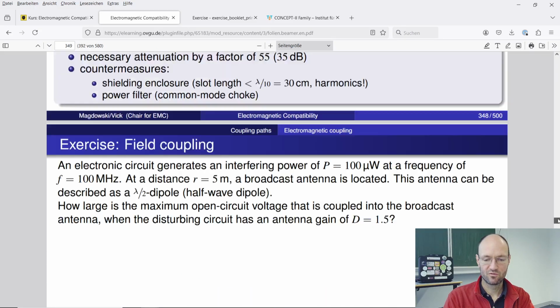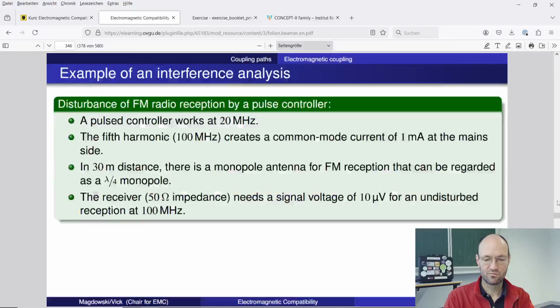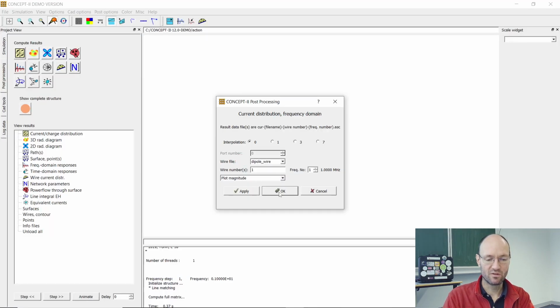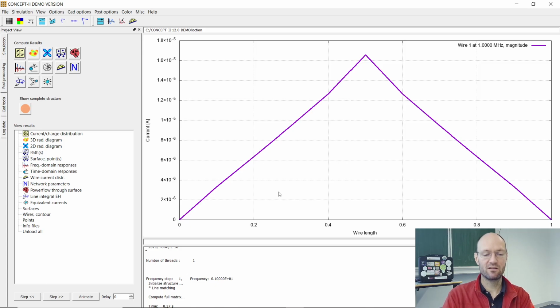Yeah, we should see something like this. That we have maximum current in the center where our source is, and 0 at the ends because we don't have any load. Okay, so let's try it out. And luckily it works. Yeah, and so we get a triangular current distribution, which perfectly makes sense.